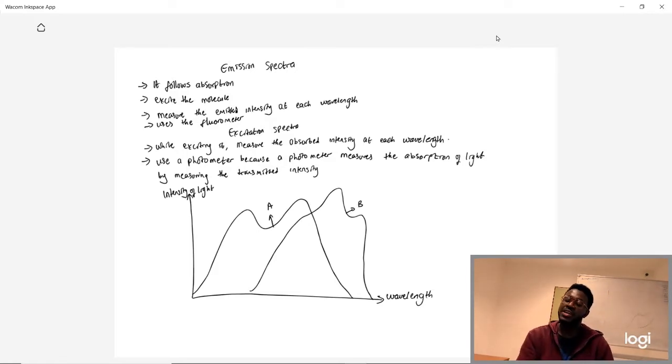Which one is B, which one is A? Is B emission or excitation spectra?